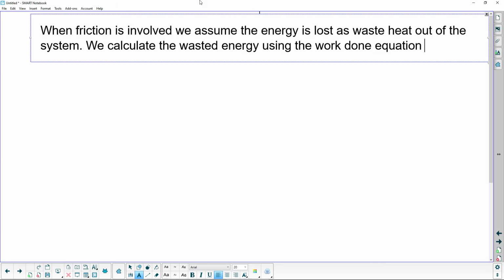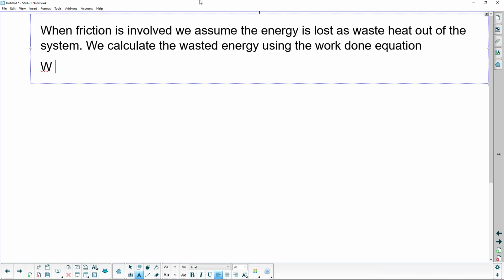Okay, so the work done equation is that work equals force times distance. Right? And then the work is reducing the kinetic energy usually, because you're pushing with kinetic energy and the motion is going to be slower than normal.